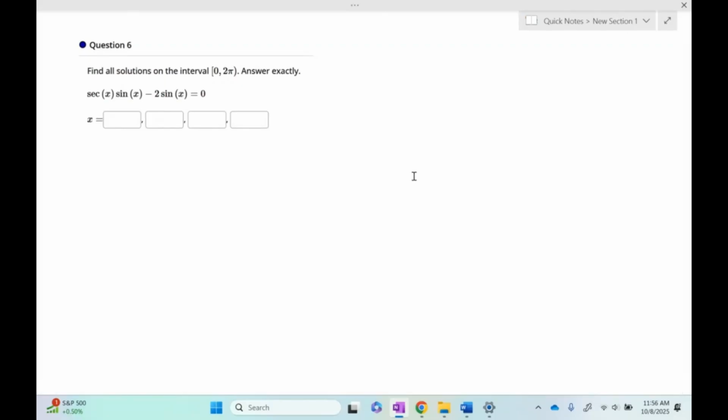Whatever's common in both, I can factor that out. So secant x times sine x minus 2 times the sine of x have what trig function in common? They both have the sine function in common, right? So I can factor out the sine of x.